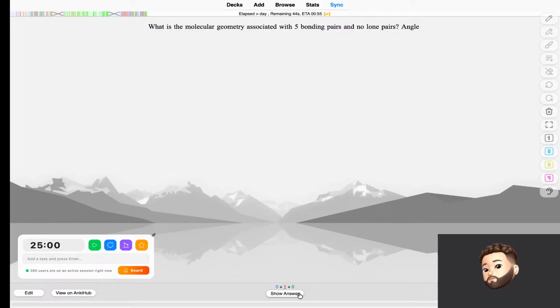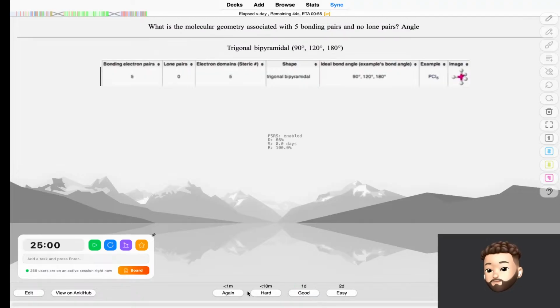What is the molecular geometry with five? Trigonal bipyramidal. I think it's just, is this like 109.5 flat? Oh damn! Oh brother.